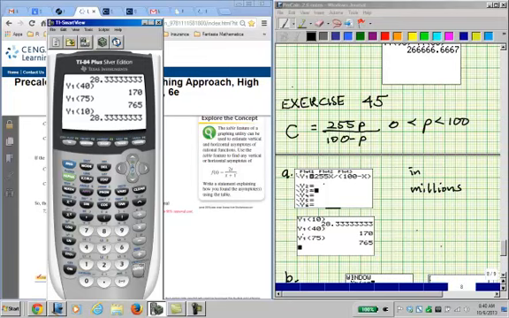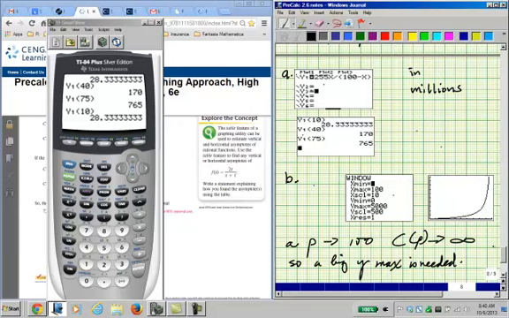Now that's A. In B, they asked you to make a graph. So here's my window. Obviously, it's 0 to 100. Scale's 10. Now, because you're dealing with an asymptote, you have to make the max big. You can't make it infinity, but I made it pretty big. I made it 5,000.